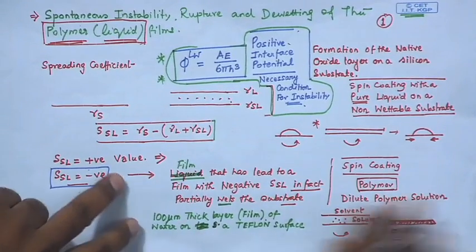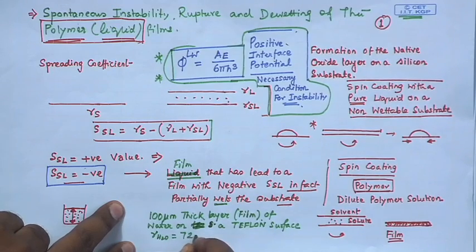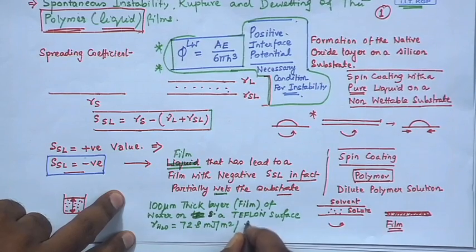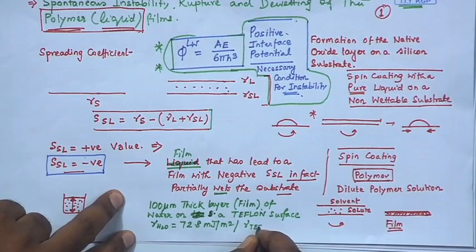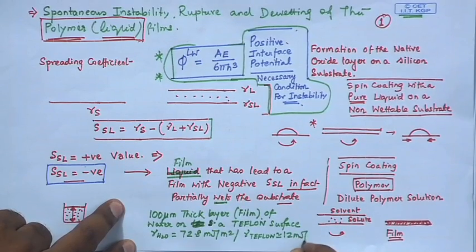Because water, many of you know by now, has gamma H2O of 72.8 millijoule per meter square. Teflon is of the order of 12 millijoule per meter square.